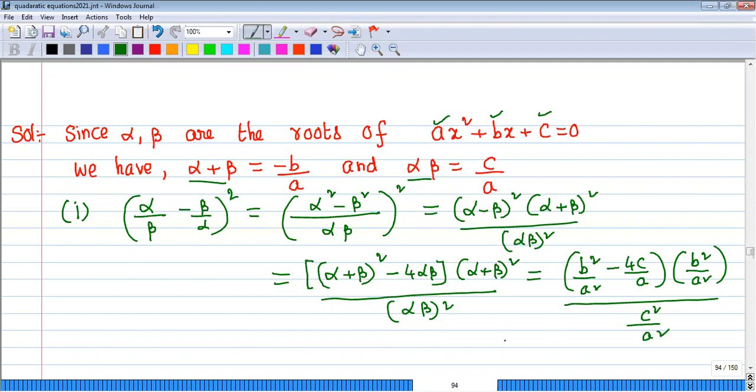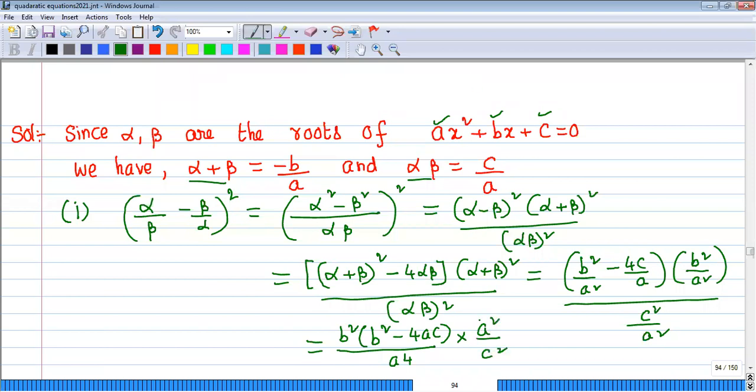Just do the simplification. Here a square is the LCM. So we get b square minus 4ac upon a square multiplied with b square upon a power 4, multiplied with the reciprocal of c square by a square, upon c square.